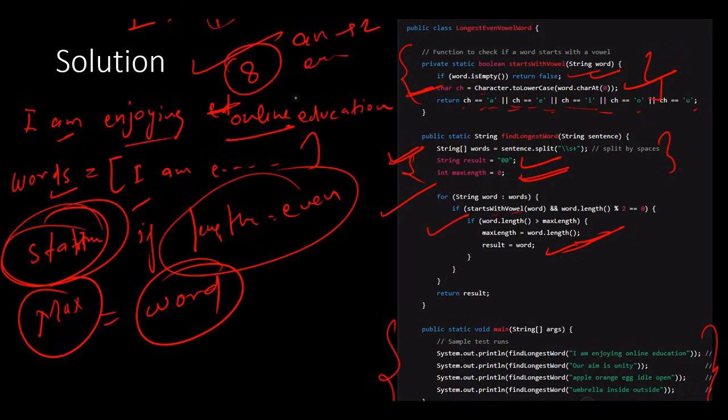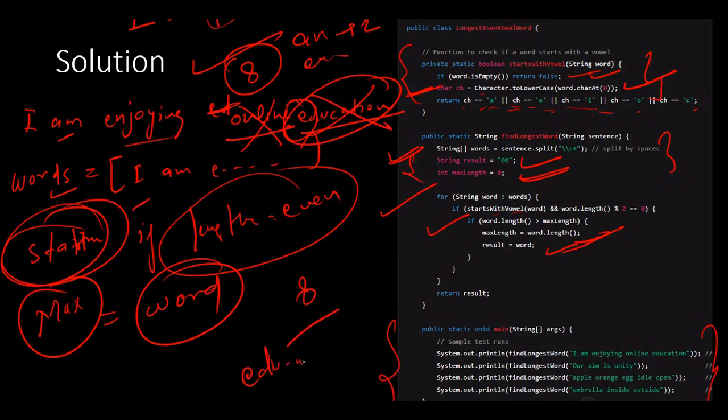Then online will come, the length is 6, so it will not update. Then education will come, it will check that e is a vowel, that's fine, but the length is not even, so it will reject it. The answer will be 8 with enjoying. So that would be our answer. So this would be the code.